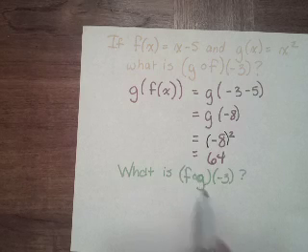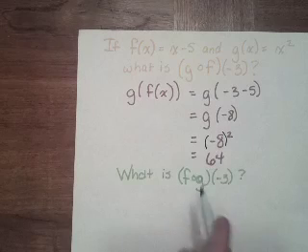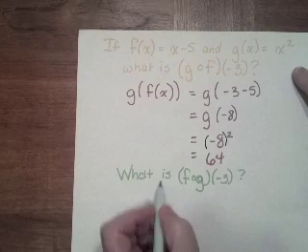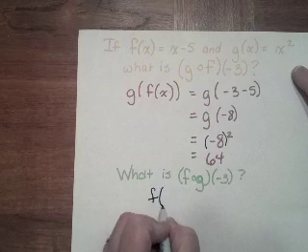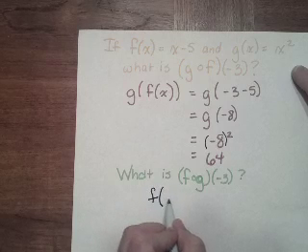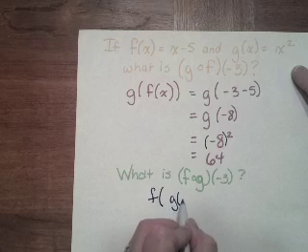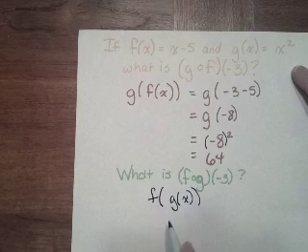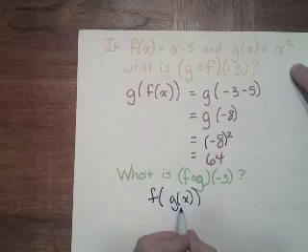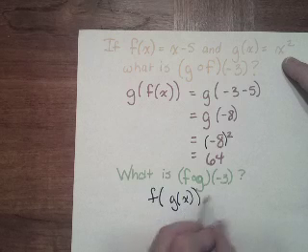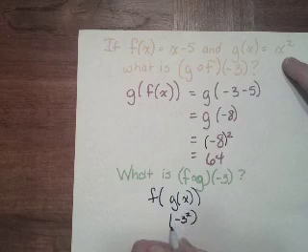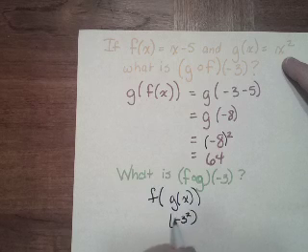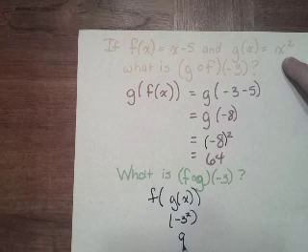Now, let's see what happens if I put f of g. So this time I'm going to put the g first. Actually, f is going to be outside the parentheses and have the g in the middle. So I'm doing g first. G is x squared, and I'm starting with negative 3. So negative 3 squared is going to be just 9.